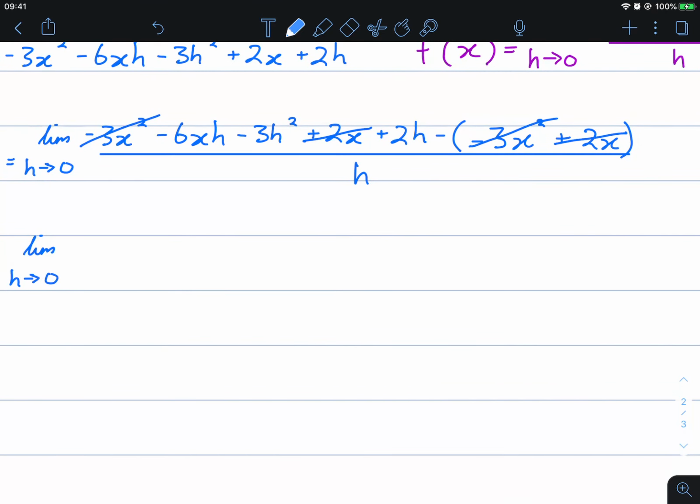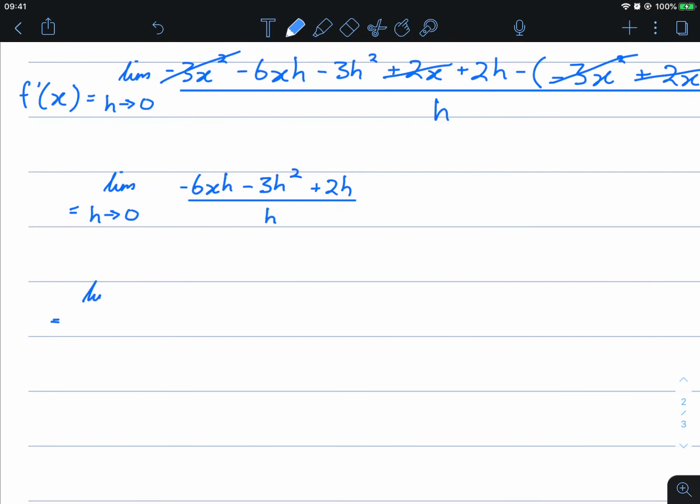This leaves us with negative 6xh minus 3h squared plus 2h all over h.